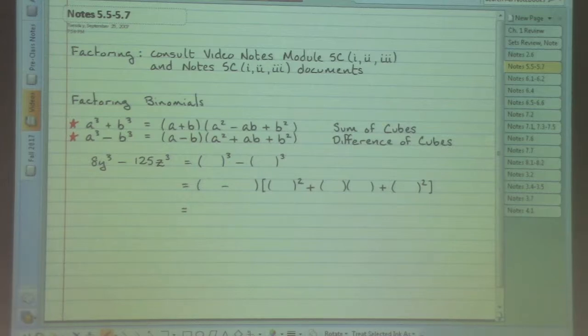To highlight how the difference of cubes formula can be used, rather than the a's and the b's, I can remove those and try to figure out what would need to go in each of those empty spots.